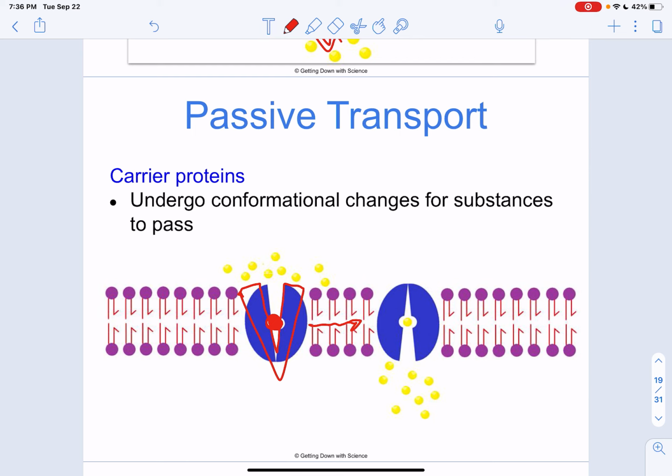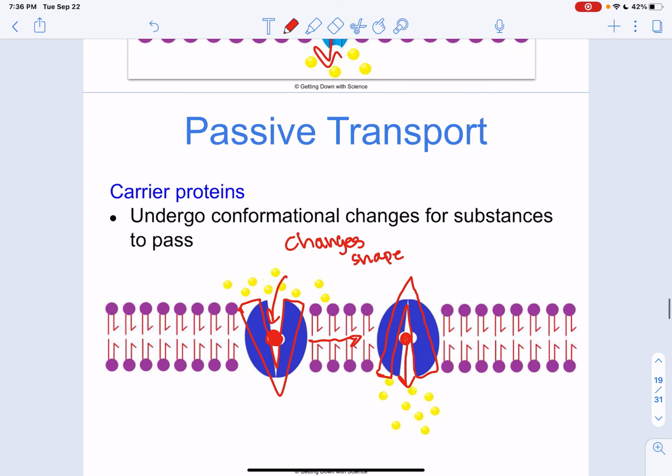The door is actually going to switch. It's going to invert itself, open up, and release this molecule to the inside environment. So it changes shape to let substances pass.